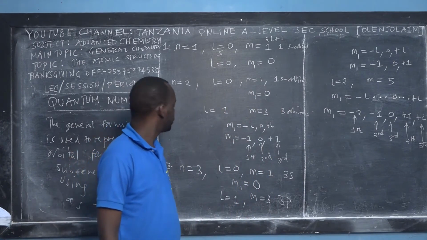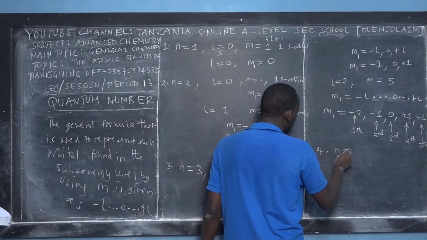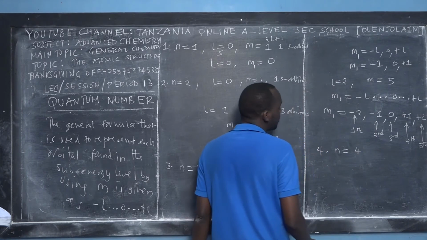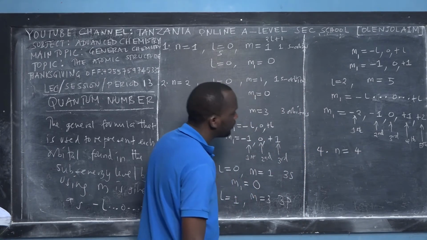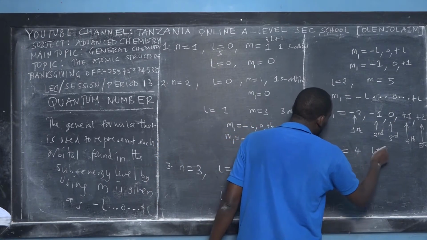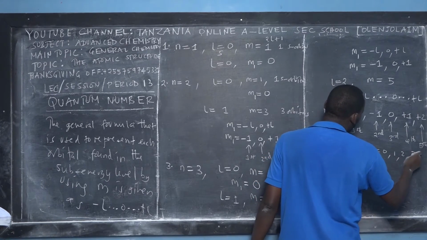Okay. So then, number 4, let me add the last question: n is equal to 4, our main focus, because we have l equal to 0, l equal to 1, l equal to 2, and l equal to 3.